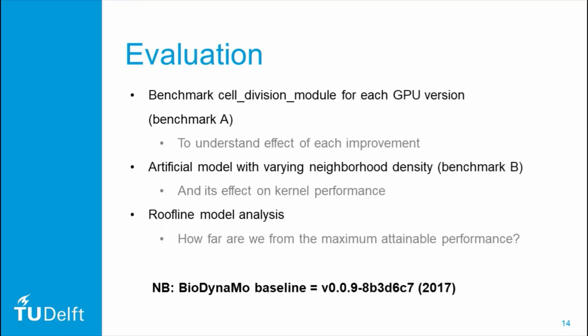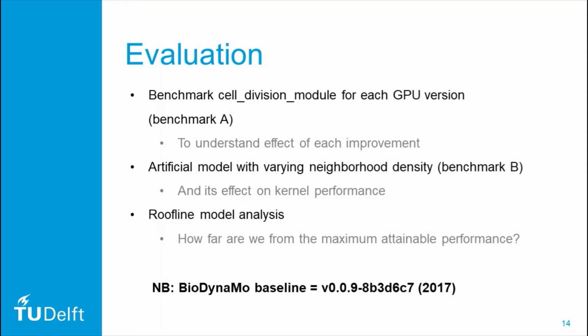To evaluate the benefits of each GPU improvement, we run the cell division benchmark that I introduced earlier for each GPU version and record the overall runtime. We then pick the best performing GPU version and run a custom benchmark where we can set the amount of neighbors that each agent has on average.